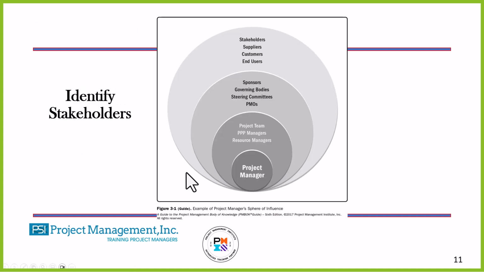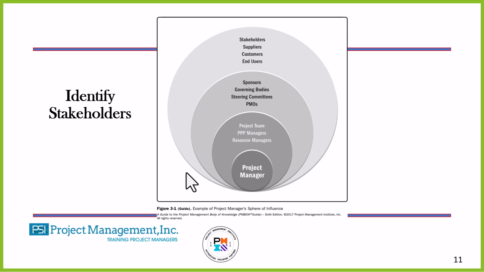This shows kind of a span of who potential stakeholders might be. Certainly the project manager is a stakeholder. The team and resource managers, those people are very important. They are going to have the resources that you need to execute your project. So you need certainly to get them involved in the project. Your sponsor, governing bodies, maybe you have a governing body that manages or oversees all the projects, or a steering committee.